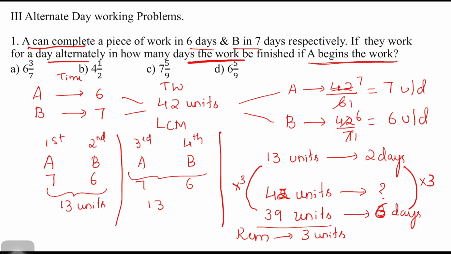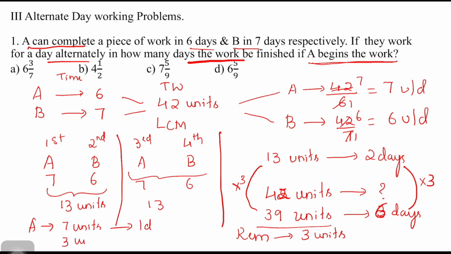Because into 3 means what? The first 2 days A and B did, the second 2 days again A and B did, the third again A and B did. So the next, the 7th day, A will do. A will do 7 units of the work in one day, but we want only 3 units.